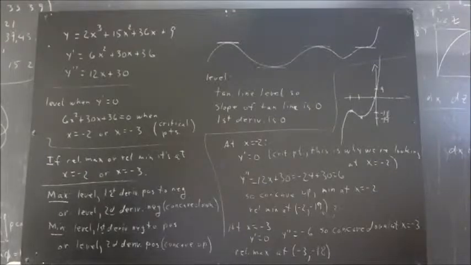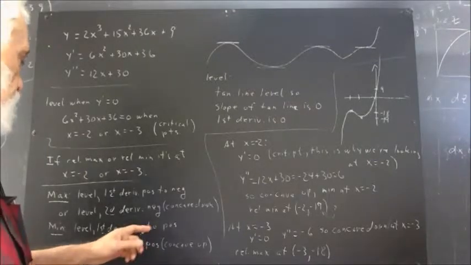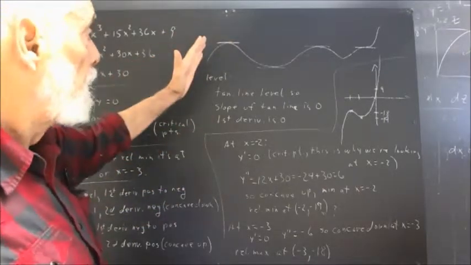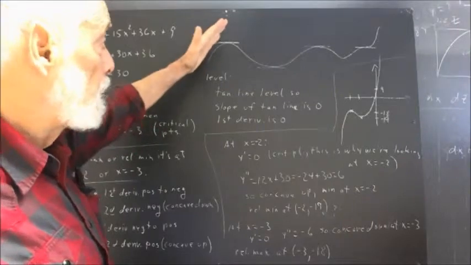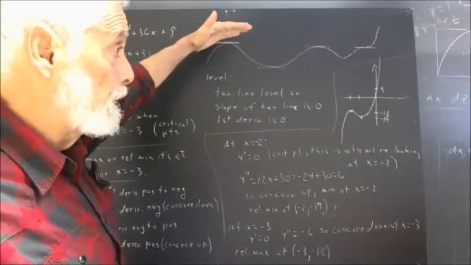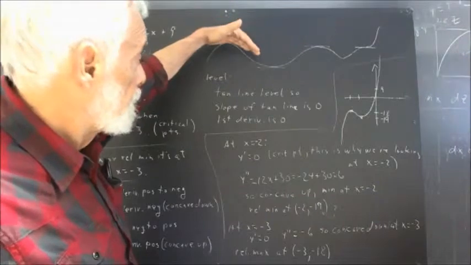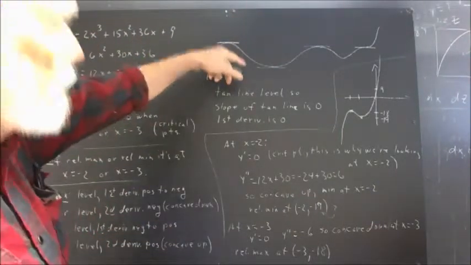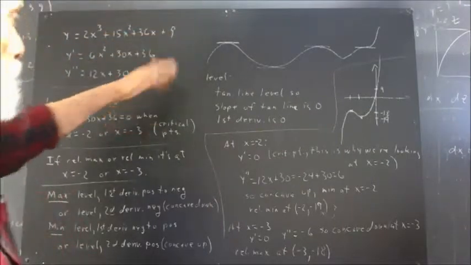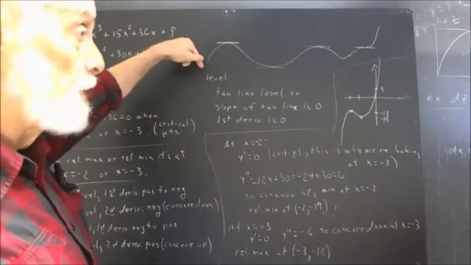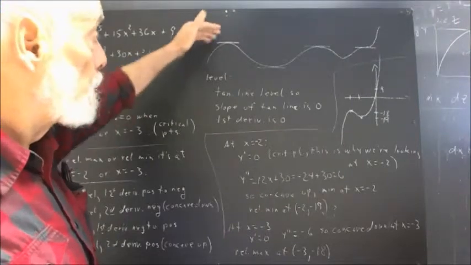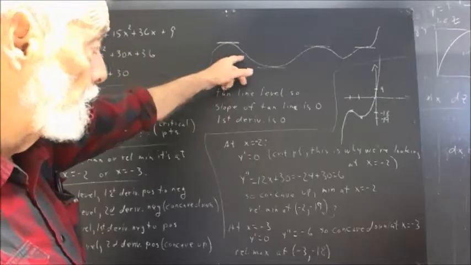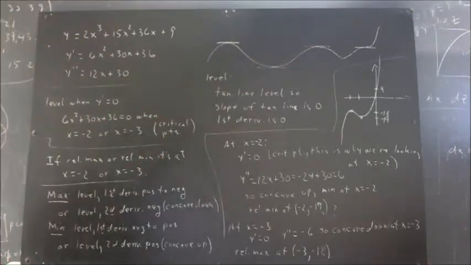Second derivative negative means that the graph, for example, in this case, has positive slope, less positive slope, less positive slope, 0 slope, negative slope, more negative. So the slopes are decreasing. Slopes on this side are decreasing towards 0. Slopes on this side are decreasing past 0, at least up to a point here where the concavity changes.